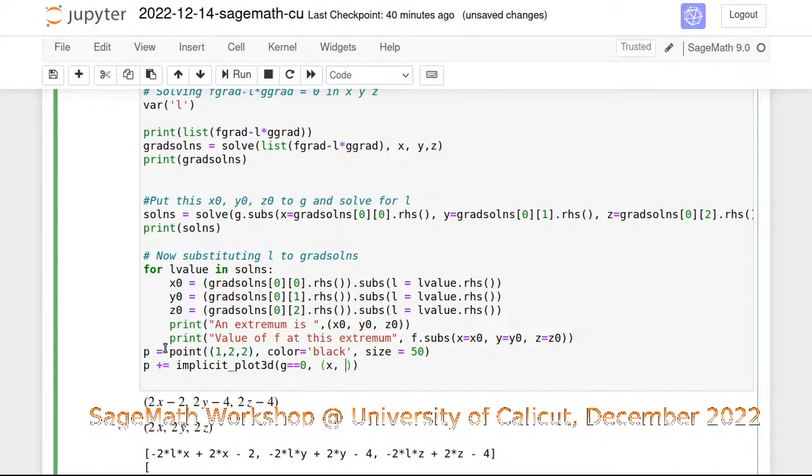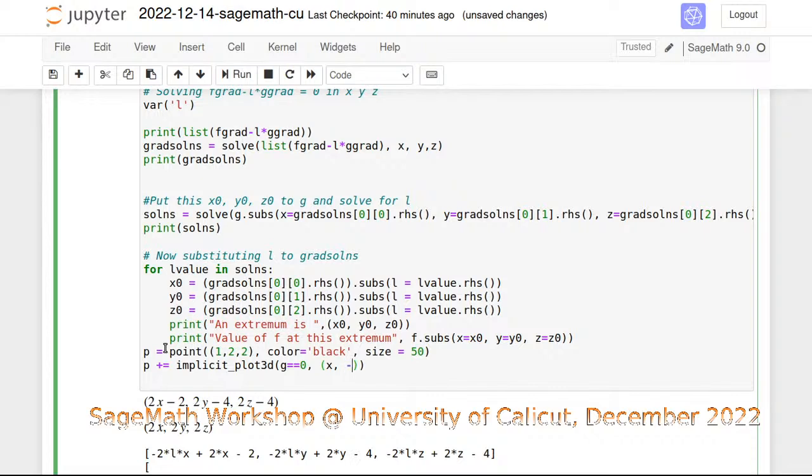But anyway, the point 1, 2, 2, is that point inside? The point is at a distance of 9 from the origin, so it's outside the sphere, right? The sphere consists of all points within a radius of 6 from the origin.